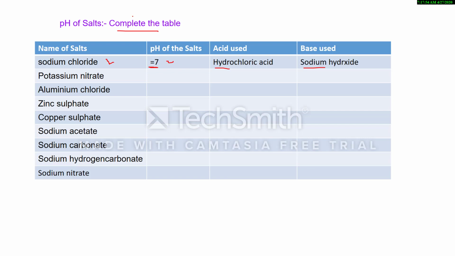Is that clear? Now again, I will give one example. How can you find out the pH? We are not writing the exact pH. Simply we are writing the range of pH, that is equal to 7, less than 7, or more than 7. Like aluminum chloride. First of all, try to find out which acid and base are formed.